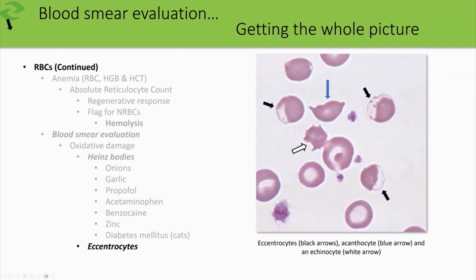But the primary thing to recognize here are these eccentrocytes caused by the same list of oxidants that will cause Heinz bodies. You can see eccentrocytes in the absence of Heinz bodies and vice versa, but you can also see them together. So just keep that in mind when you see that blister type cell. That is oxidative damage.